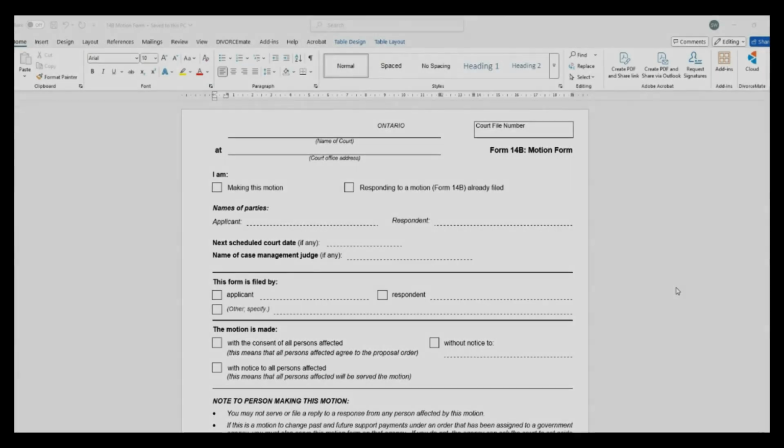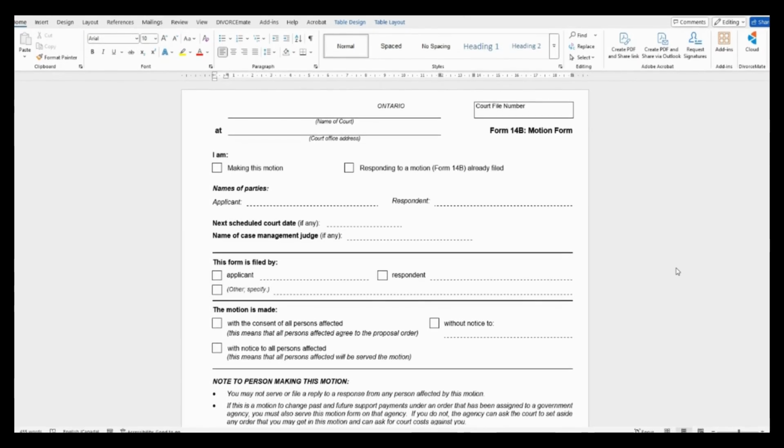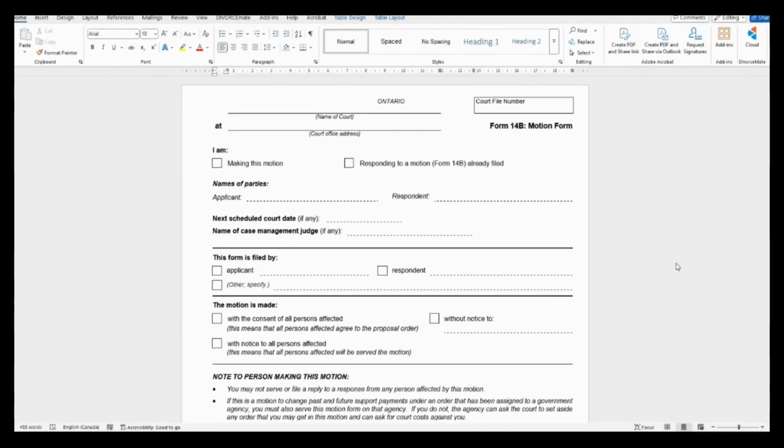But if it's urgent and you need a court order on the same day, you bring a 14B motion and a 14A affidavit. Now, how I like to explain this is, the 14B motion is the what. When the judge is reviewing it, they want to know, what are you looking for? What are the court orders you want? Do you want a restraining order? Do you want custody?